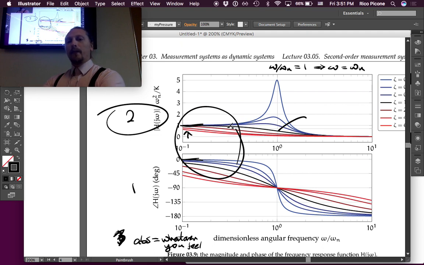So it defines some bandwidth: you get to a certain point down one of these lines, and you say I've gotten to 5% below, and that's the maximum frequency I'm going to consider measuring with this device. If I need to measure something up here, that's not going to work very well because it's not going to reflect the actual value at that frequency.